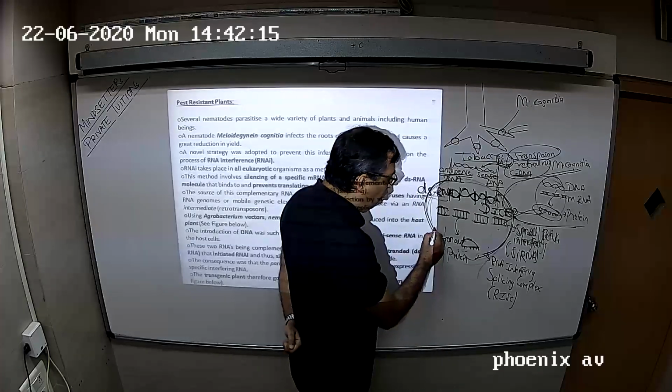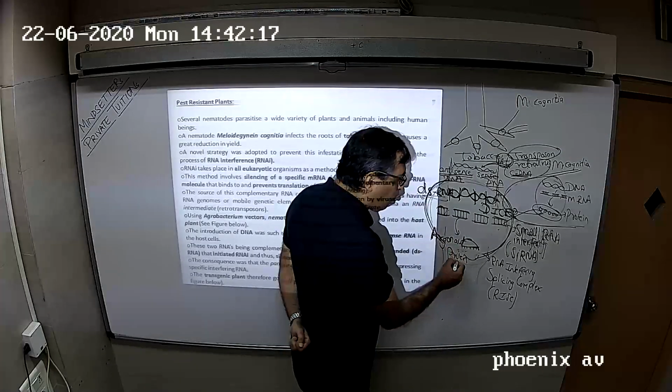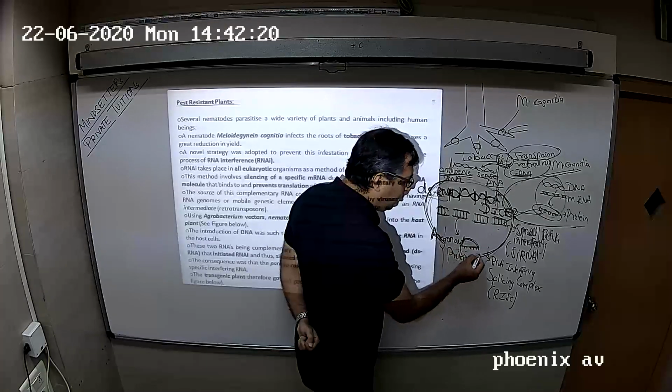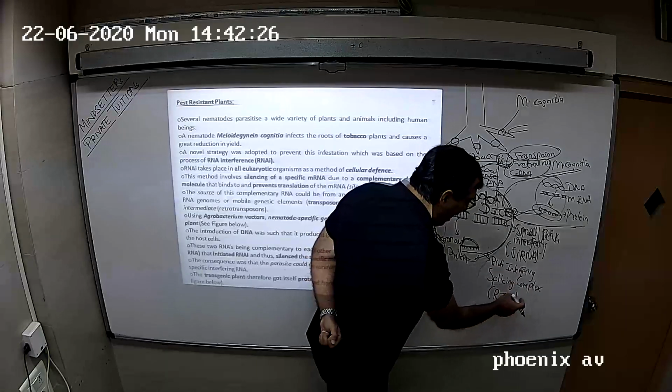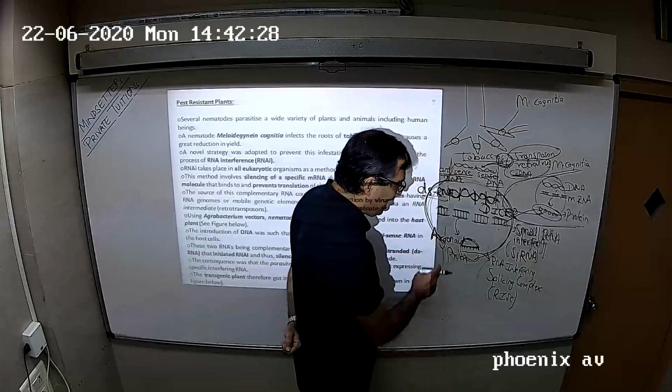A protein called Argonaute protein attaches to the double-stranded RNA, and it is called RNA-induced silencing complex, RISC.